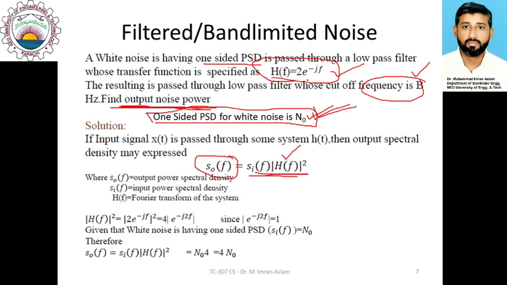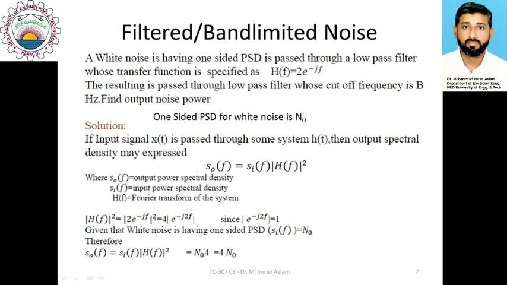So |H(f)| squared: if we calculate the magnitude of this function, 2 e raised to the power minus j f, 2 squared is 4, and the magnitude of e raised to the power j theta is always equal to 1, because from Euler's identity, e raised to the power j theta is equal to cos theta plus j sin theta. So if you calculate the magnitude, that will give a unit answer. This is related only to phase and does not contribute to amplitude, so the amplitude for this is 1.